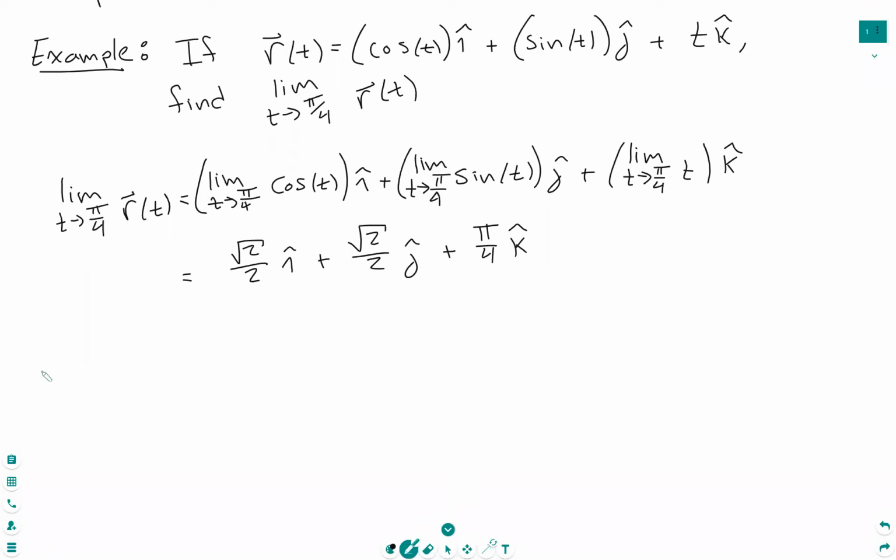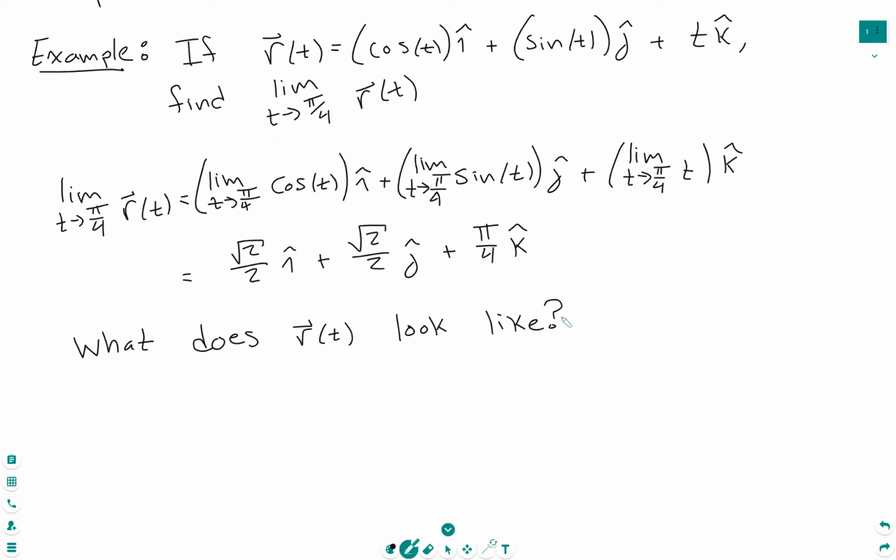So another question that I want to ask involving this example is, what does this vector function look like? What does this r of t trace out?